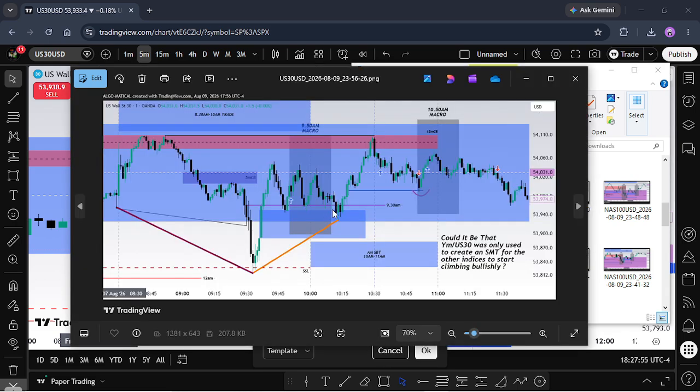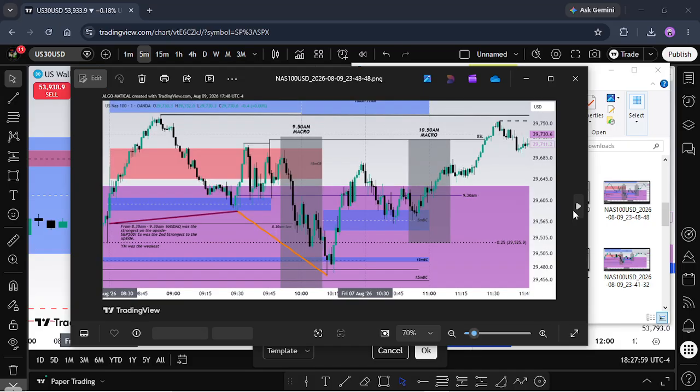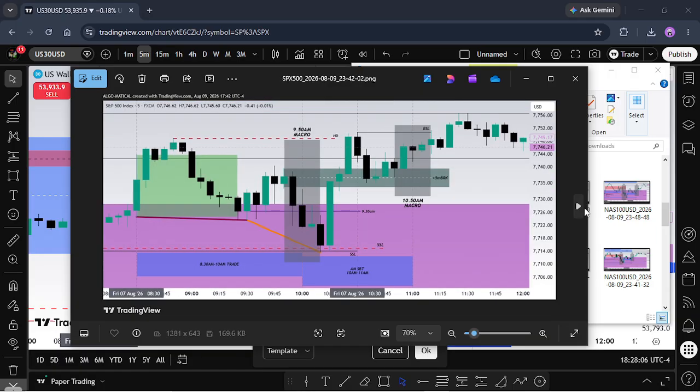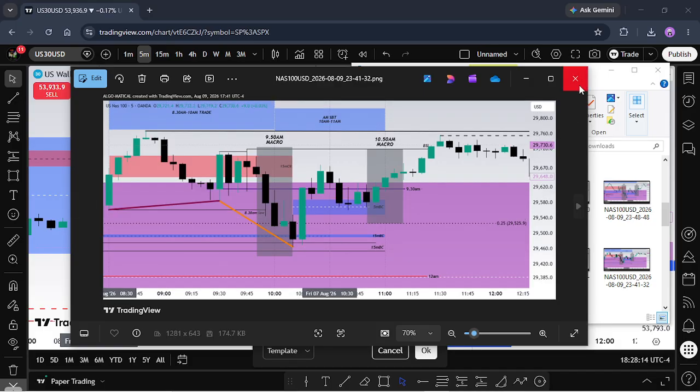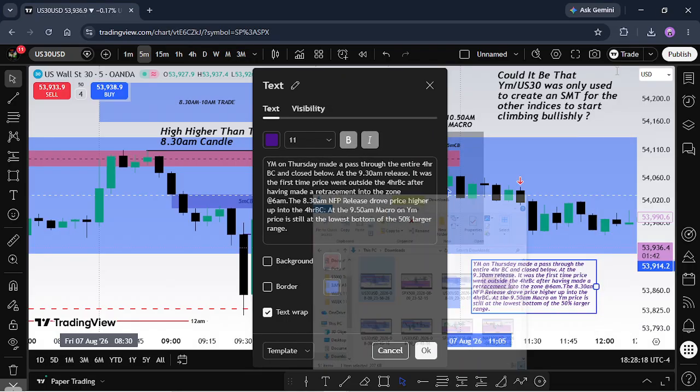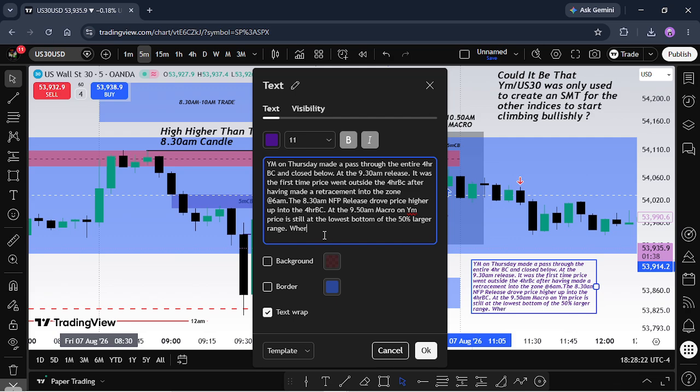Whereas NQ and ES are in the upper 50% of the larger range. Not even upper 50%, upper 75%.